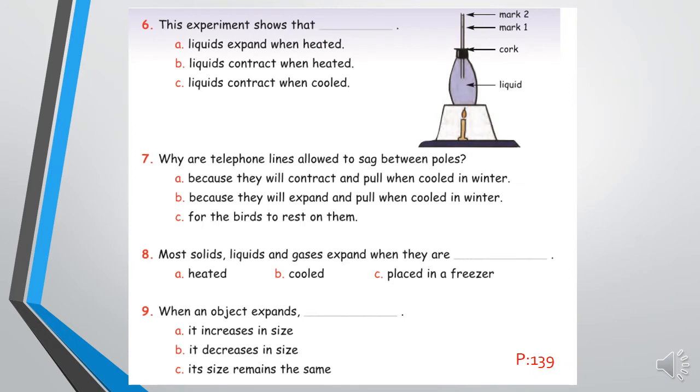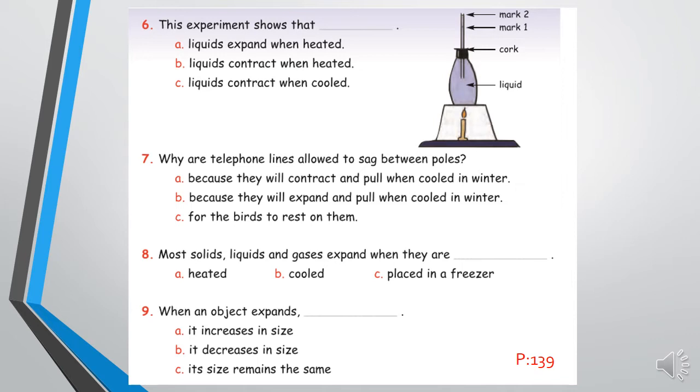Now, part 6. This experiment shows that Part A. Liquids expand when heated. Or Part B. Liquids contract when heated. Or C. Liquids contract when cooled. First, I have to look well at the experiment. What do we have inside the jar?